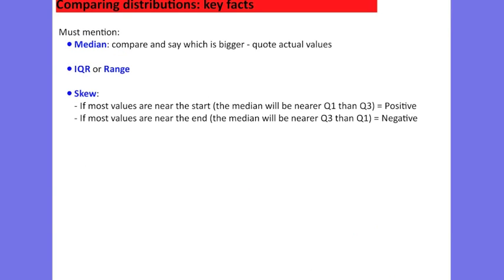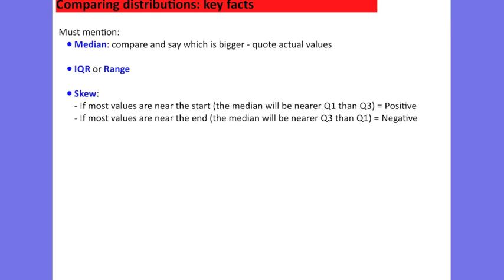Now, lastly, we may be asked to make comparisons from the distributions. You can be asked for specific information, e.g., what is the median? And this is easy to answer. However, you can be asked to just generally compare the distributions. Now, there are three things you must mention. First off, the median.